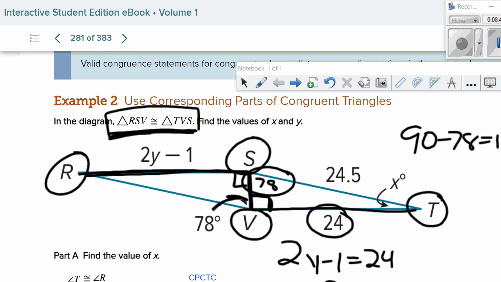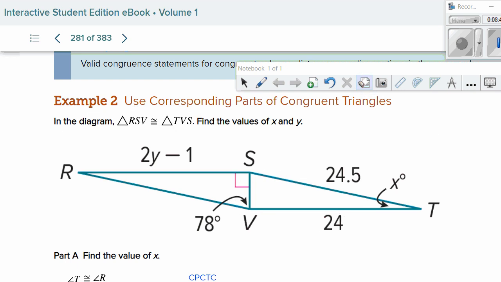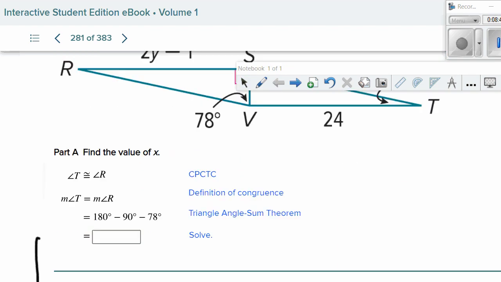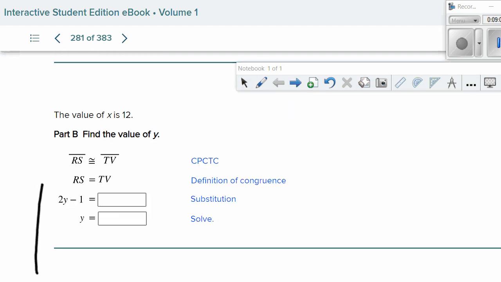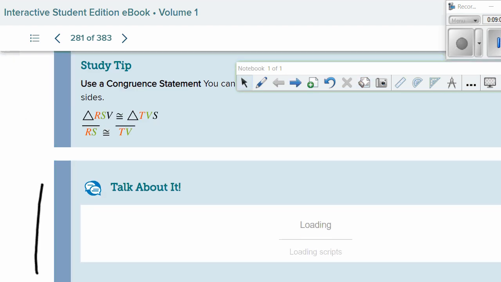All right. So this is the work here. This was going to be 12 right here, and we got y is equal to 12.5 down there. Okay.